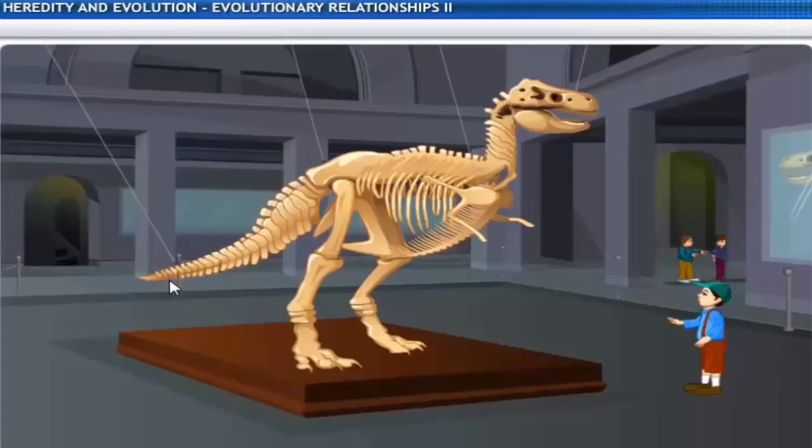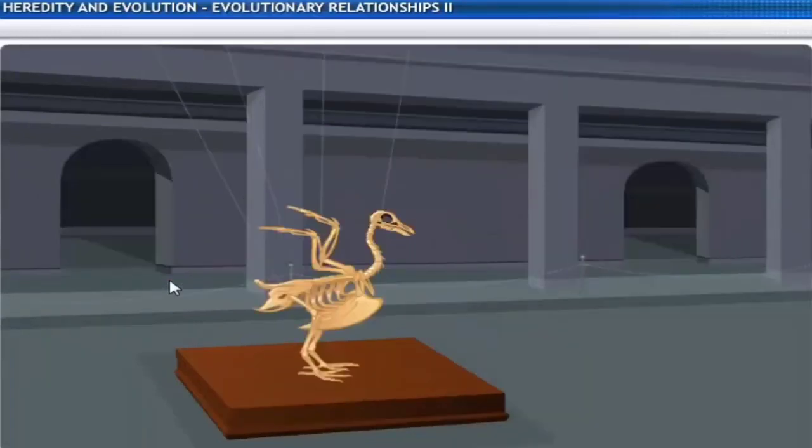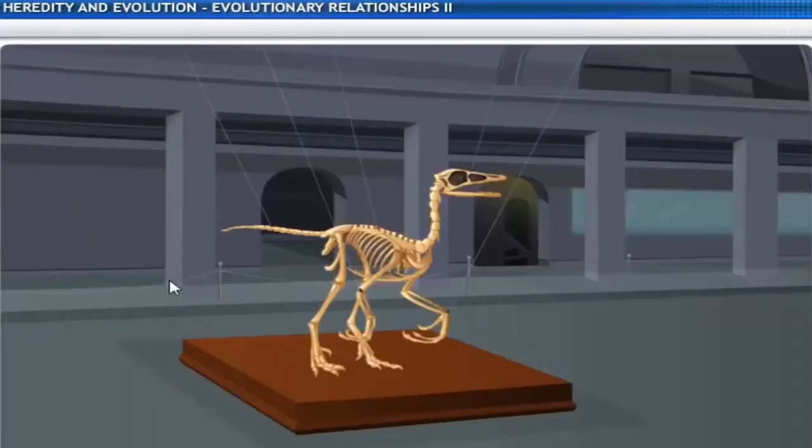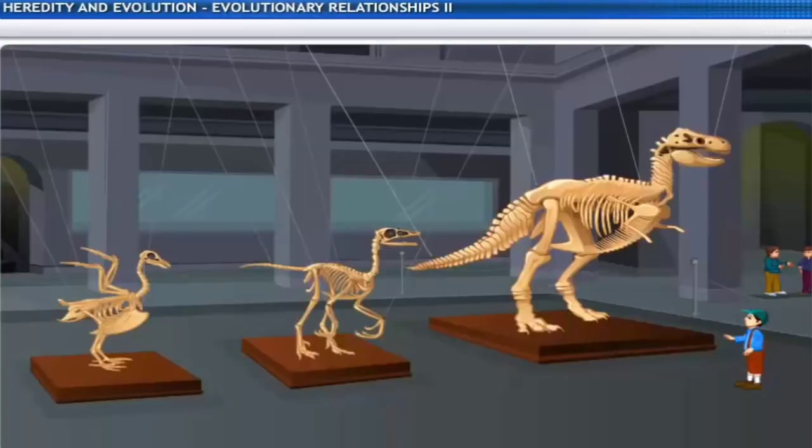Using the remnants of these dead animals to compare against the characteristics of existing animals, evolutionary relationships were developed. This is how we came to know about the existence of dinosaurs. However, there are several other pieces of evidence of evolution that suggest a link between the different species.